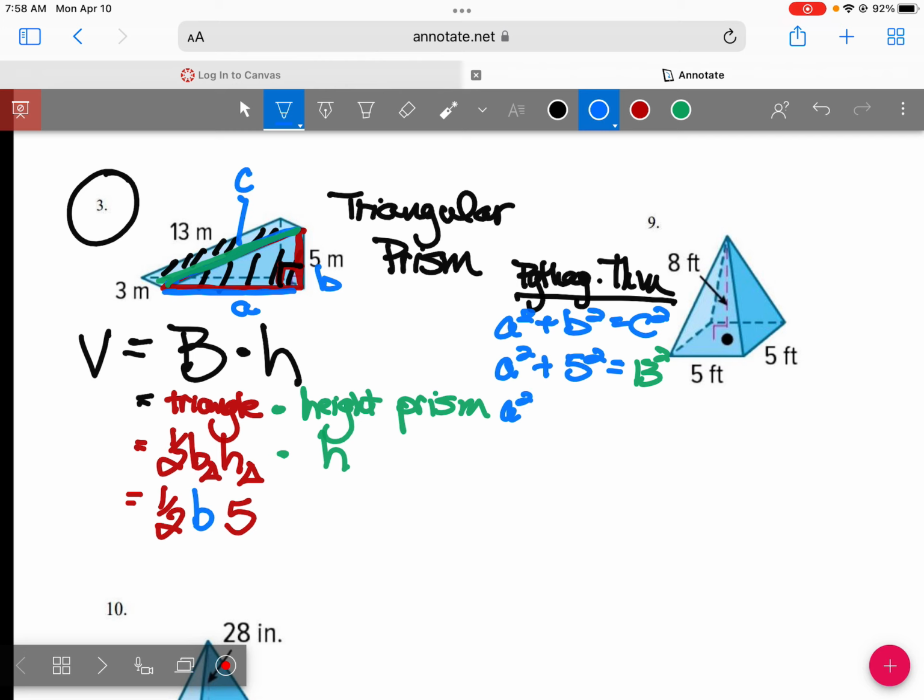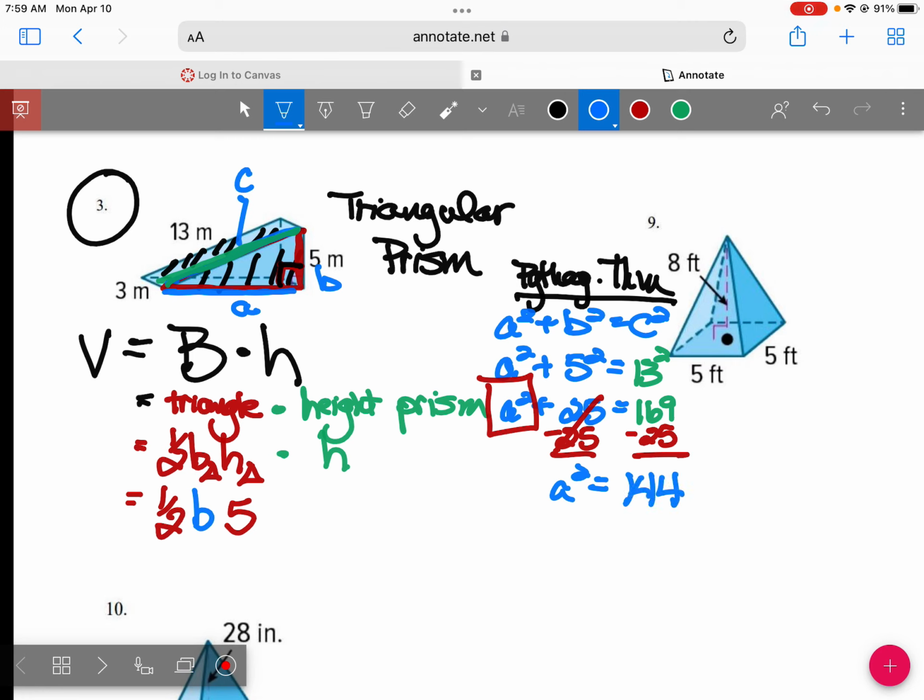So A squared plus 5 squared, which is 25, equals 13 squared. I want to solve for A squared, so subtract 25 from both sides to isolate A squared, and I get A squared equals 144.